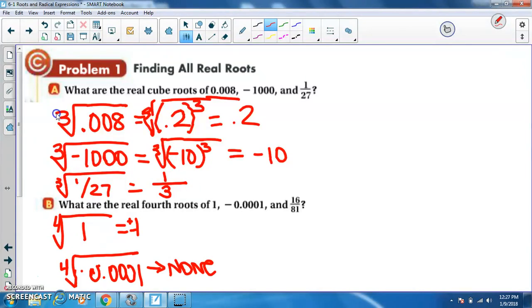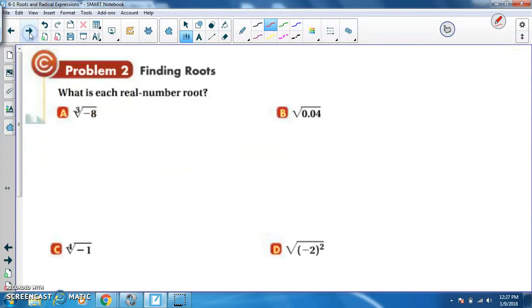And there are no real fourth roots here, because we cannot have an even index and a negative radicand. Then the fourth root of 16 over 81 is equal to positive and negative 2 over 3. Because the fourth root of 16 is 2, and the fourth root of 81 is 3.